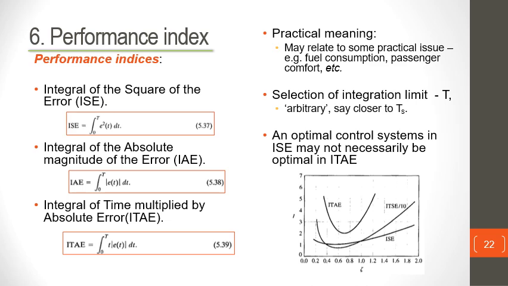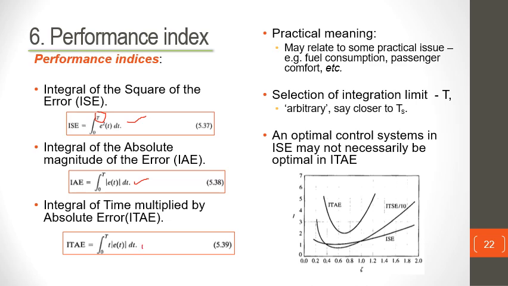The most common one is called the integral square error, ISE, and you can see that it's an integral of the error squared with respect to time, and the integration is up to some time t. You may also have the integral of the absolute error, IAE, or the integral of time multiplied by the absolute error, ITAE.